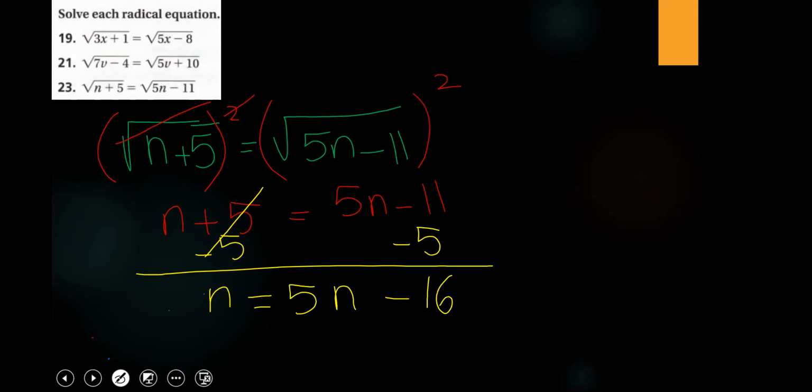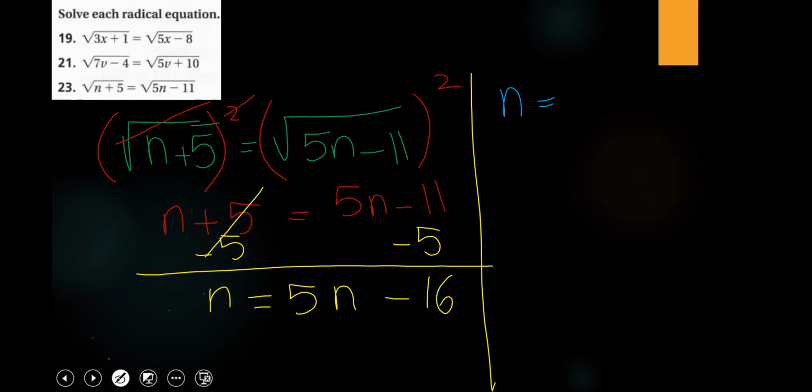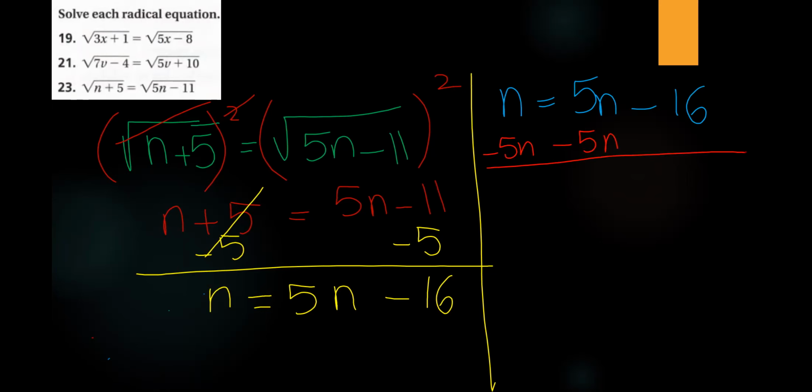Here I have n equals 5n minus 16. I want only the variable on one side and the numbers on the other side, so let's isolate: subtract 5n from both sides, and from n minus 5n.